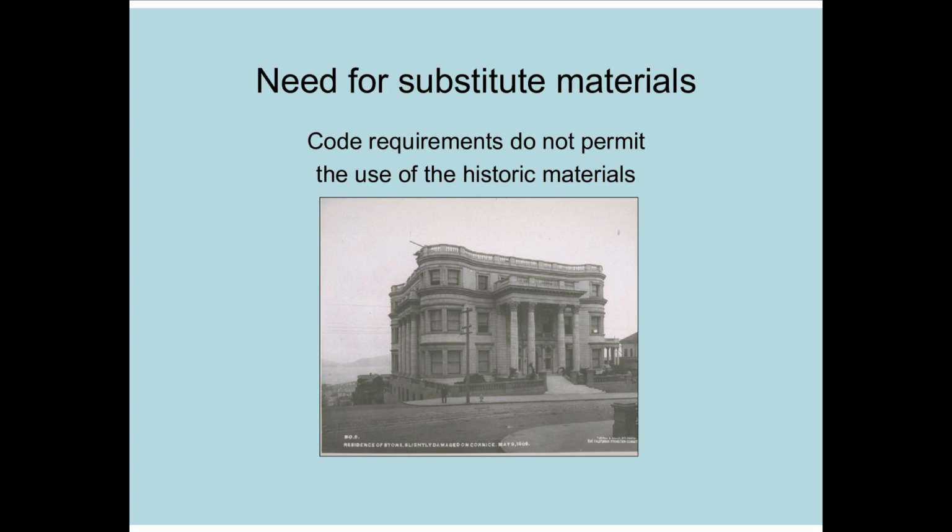In some cases, it may be acceptable to replace these heavy historic elements with light replicas. In other cases, the extent of historic fabric removed may be so great as to diminish the integrity of the resource. This could affect the significance of the structure and jeopardize National Register status.